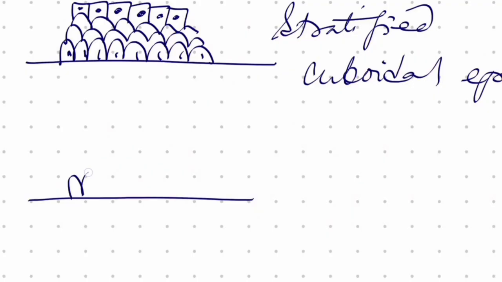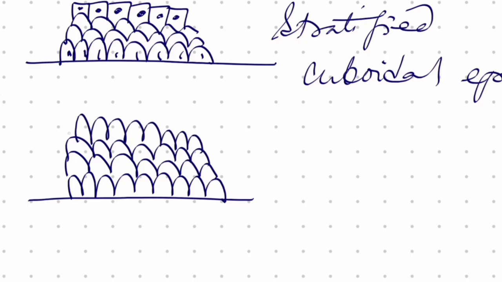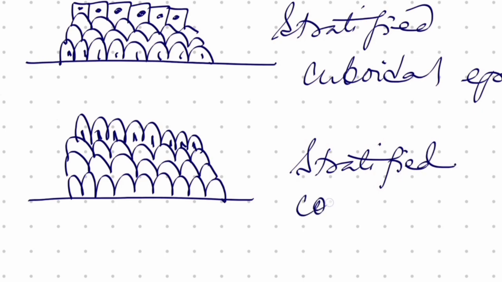In a stratified epithelium, where the topmost layer will be nothing but the columnar only, that is with ovalish nuclei towards the base, then it will become a stratified columnar epithelium.